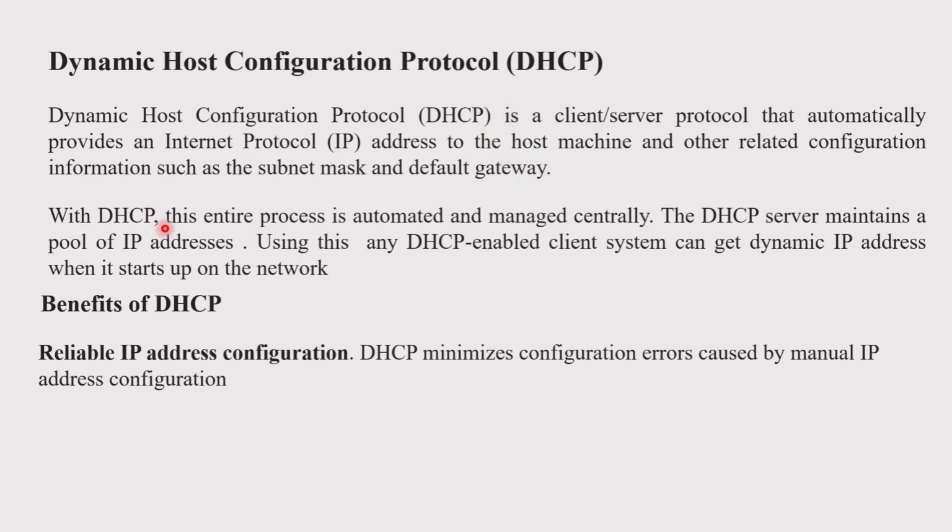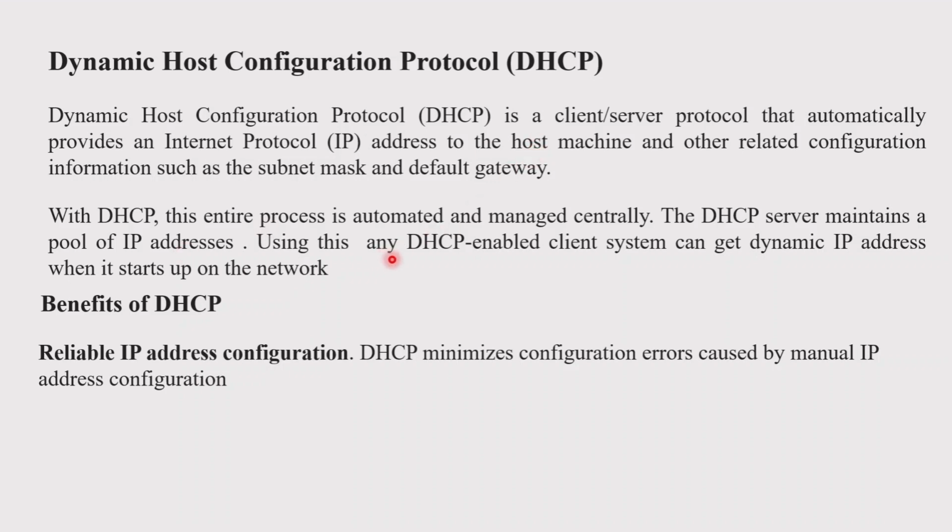With DHCP the entire process is automated and managed centrally. We configure the DHCP server centrally, and any end device, the host machine, that requires an IP address can obtain one. The DHCP server maintains a pool of IP addresses, some series of addresses, which are assigned to host machines.